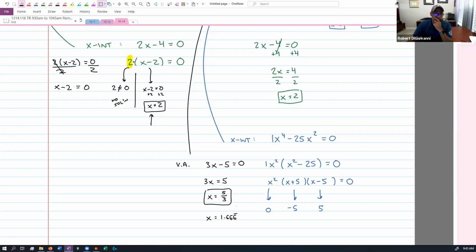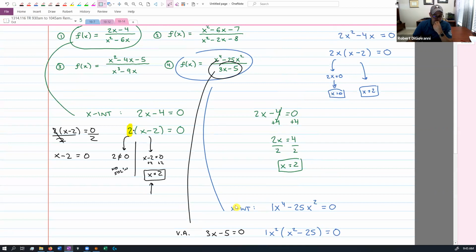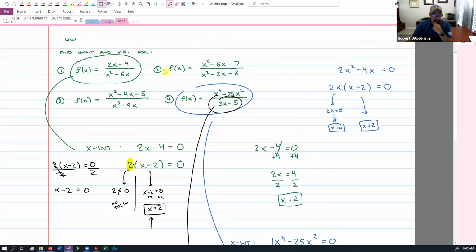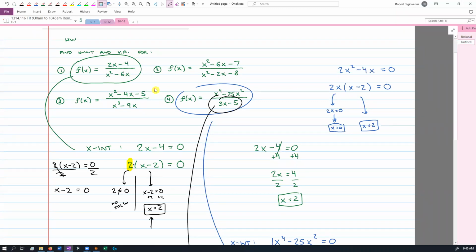Okay. So if you did your homework, which sounds like a lot of you did, then you've already done a lot of the work that's required to graph these. The thing that's missing right now is we still don't know how to find the horizontal asymptotes.